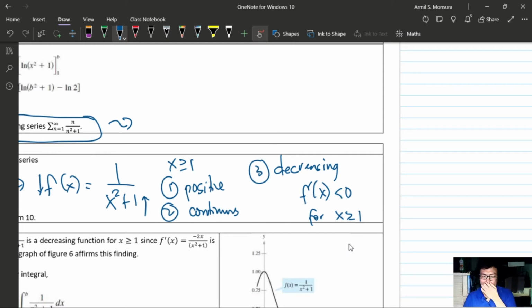But if it is possible to determine whether a function is decreasing or not by inspection, then by all means do so, because that makes our solution more efficient.